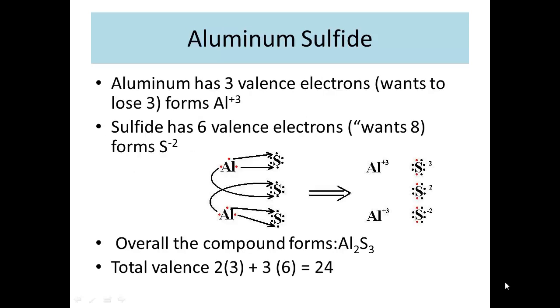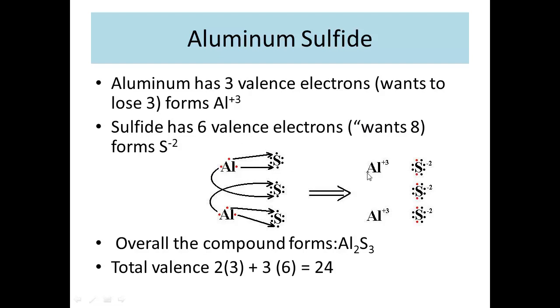So, for example, just pay attention first and then write it. So everybody pay attention. Aluminum sulfide is made from the aluminum cation and the anion of sulfur. We call it sulfide. Aluminum wants to lose its 3 valence electrons, and sulfur wants to gain 2. Sulfur has a total of 6 valence electrons.